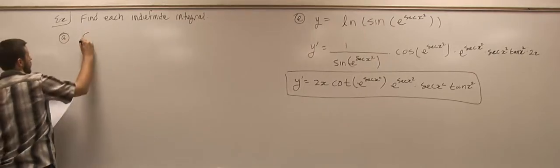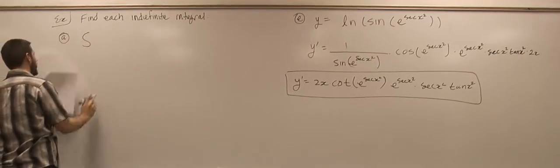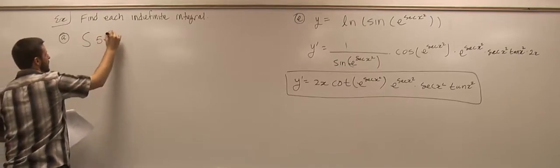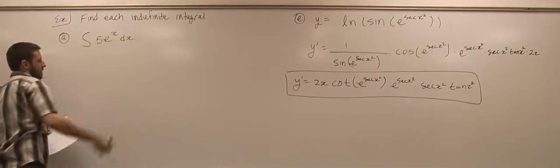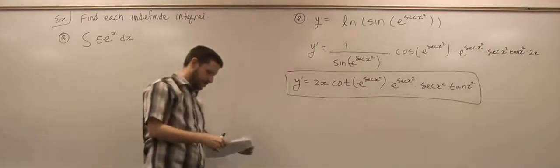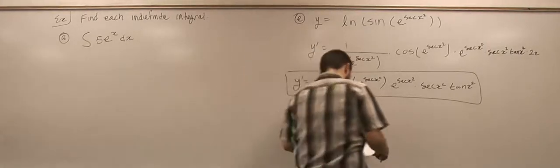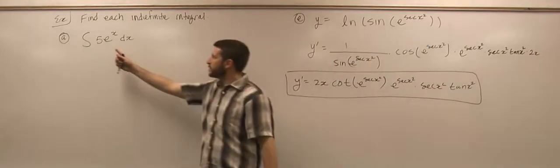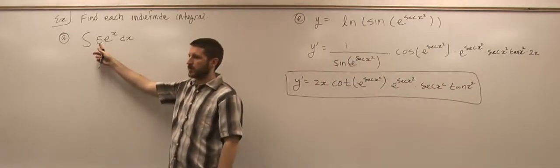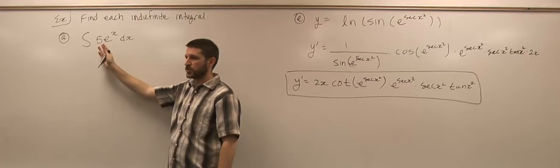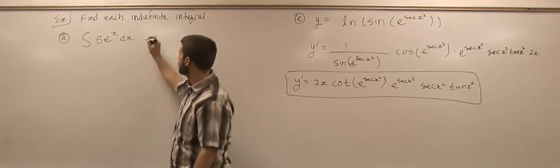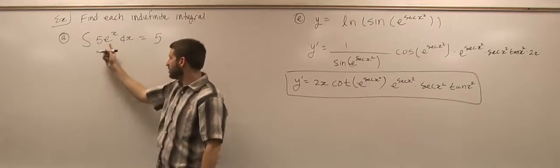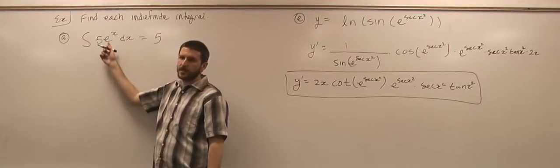Let's start the same way. What if I want the integral of 5 e to the x dx? So this 5 is a constant multiple, which means when you do the integral, you can just let it tag along. And then the integral of e to the x is just like the derivative of e to the x.